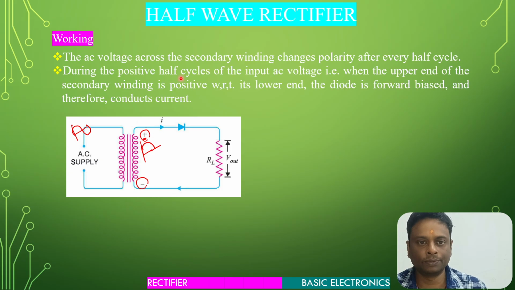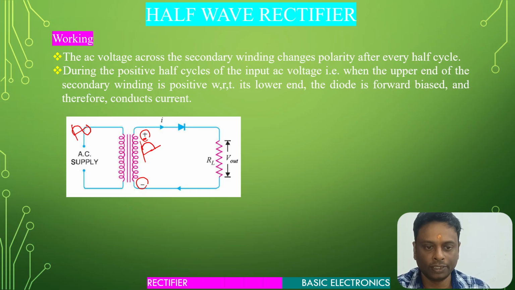During this positive half cycle of the input AC voltage, the upper end of the secondary winding is positive with respect to the lower end. So this semiconductor diode will act as forward biased, because we are giving this positive supply.